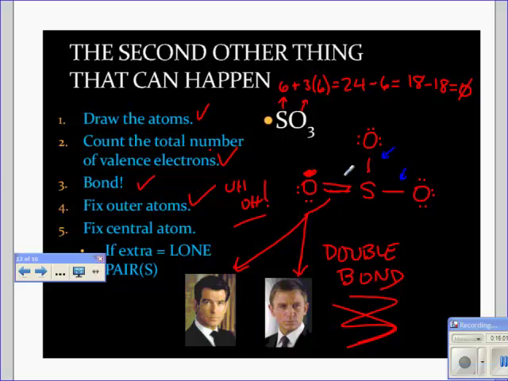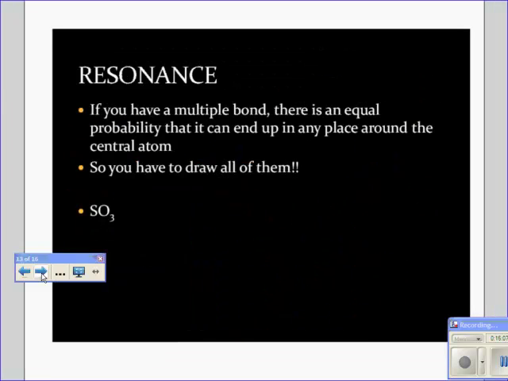Or here. Or here. And since you could put it in 3 places, you get something called resonance. And resonance says that if you have a multiple bond, there is an equal probability that it could end up in any place around the central atom.